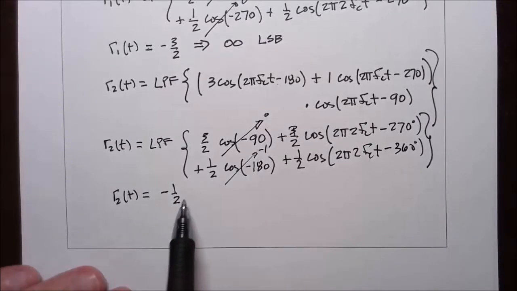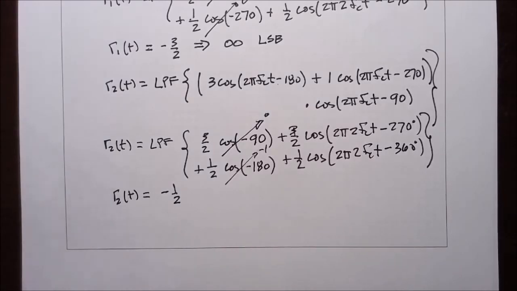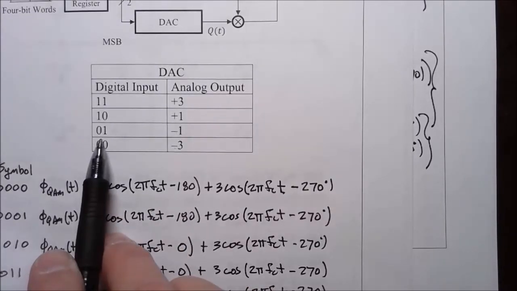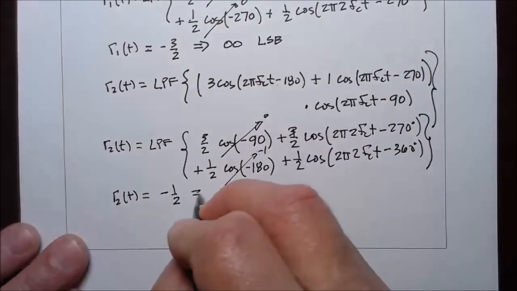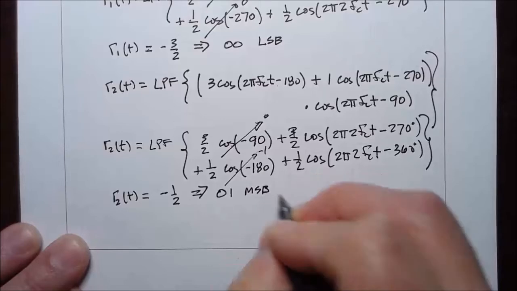We have -1/2. Multiply that by 2 and it maps to -1, which is 0, 1 for the symbol. This is 0, 1 for the most significant bits.